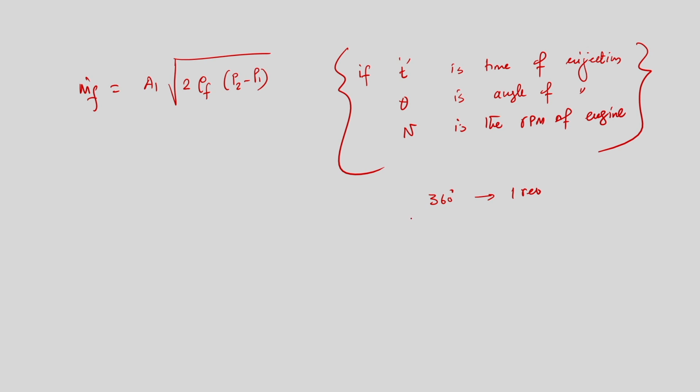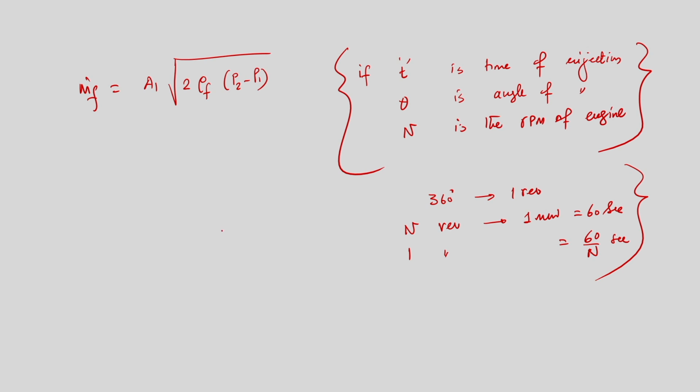So, if the RPM is n, then we have n revolutions in 1 minute, that is 60 seconds. Therefore, 1 revolution will be equal to 60 by n seconds. So, per revolution we will have 60 by n seconds of time.